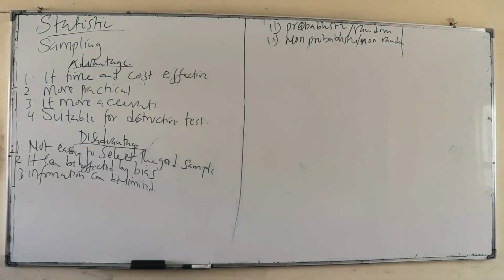You say this is where members of the population do not have equal and independent chances of being selected into the sample.